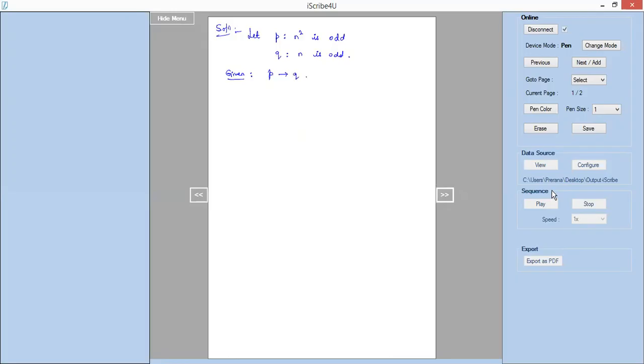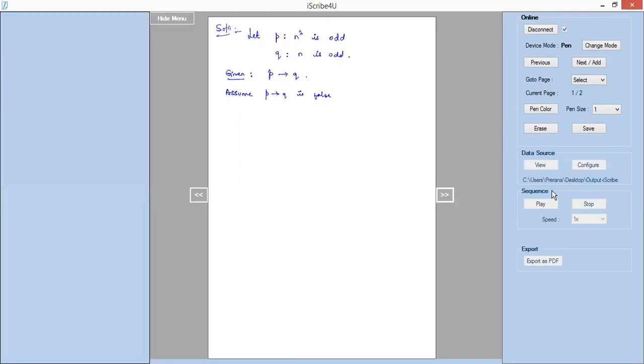P implication Q form. Now according to the proof by contradiction, in the hypothesis, we assume that P conditional Q is false.